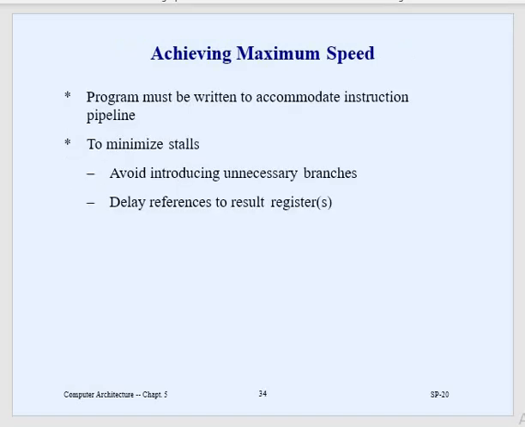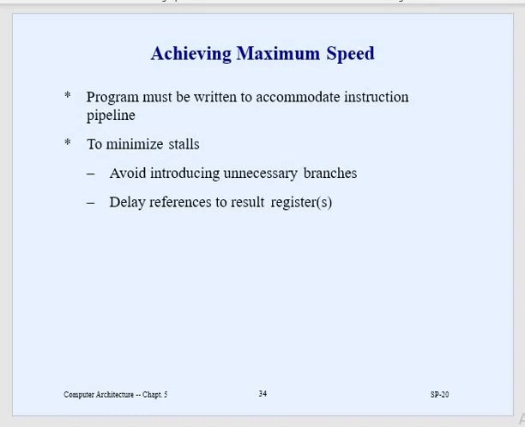How can we achieve maximum speed? Obviously programs must be written to accommodate the instruction pipeline. It means that our operands must come from the internal registers. It will give us a boost, but if we are copying our data from the external drives, then obviously a stall will come.